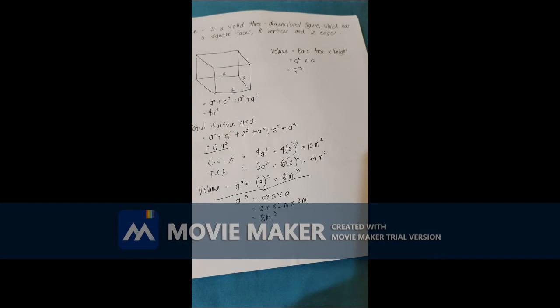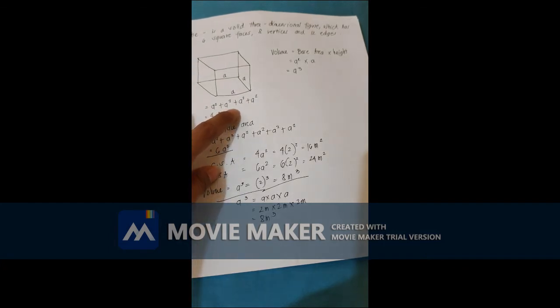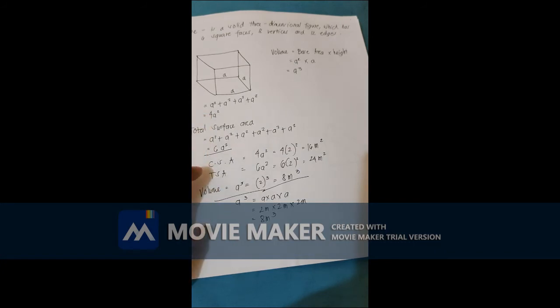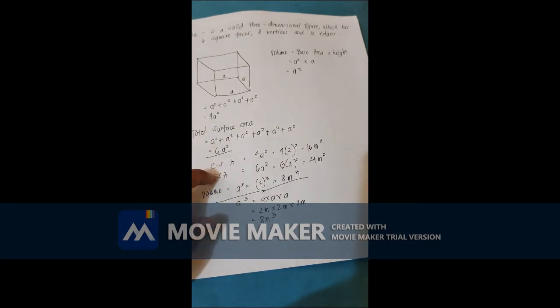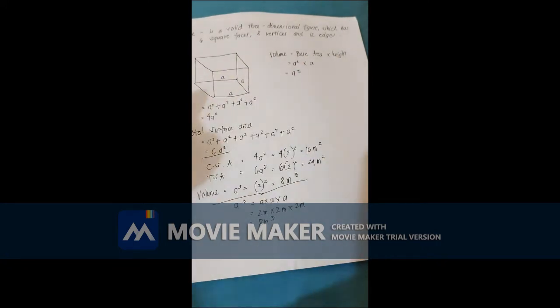For the curved surface area, it is a squared plus a squared plus a squared plus a squared, so 4a squared, since there are 4 faces.